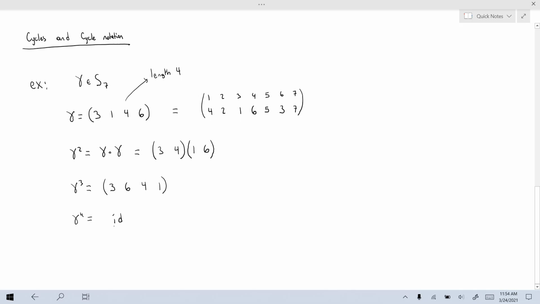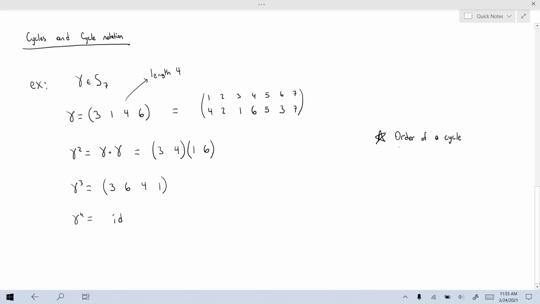One important fact about cycles is that the order of a cycle, remember the order of an element of a group was the smallest positive integer for which raising to that power will give you the identity element, okay?